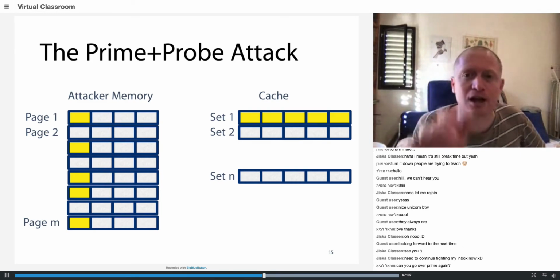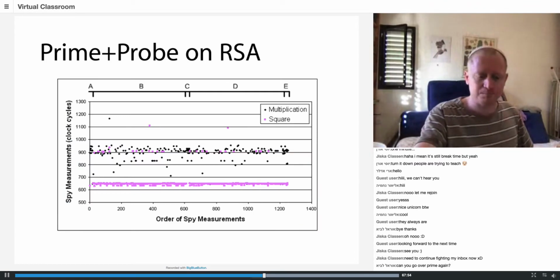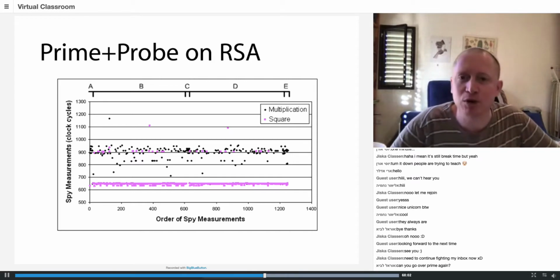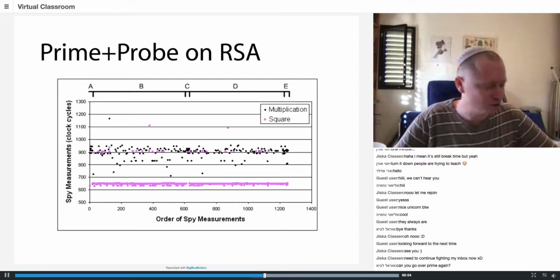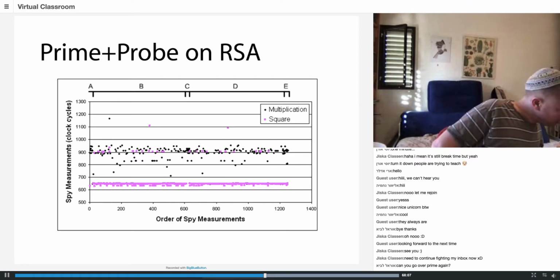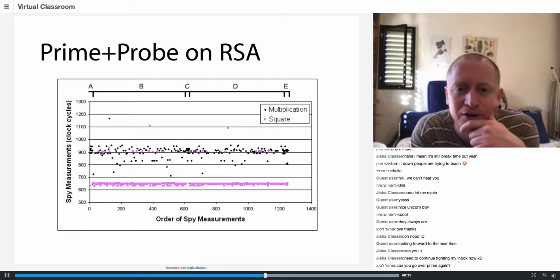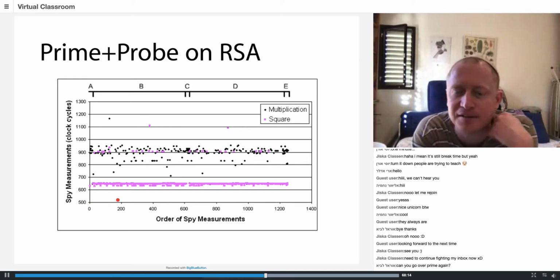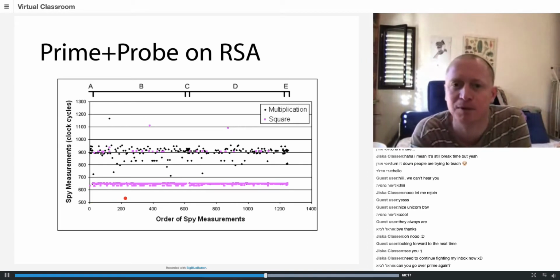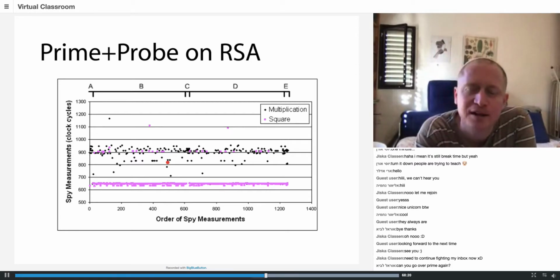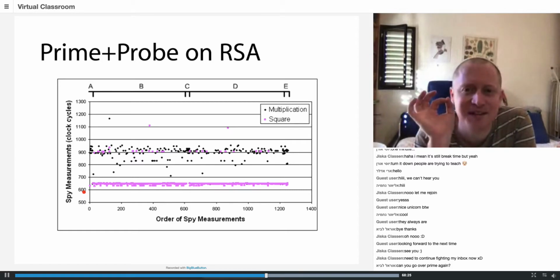This is a work from 2007. And the device under test is a machine which is running RSA, sliding window, left to right, encryption. And what you see here, the x-axis is the measurement done by the attacker, and the y-axis is the latency, the time it takes the attacker to probe its own array.